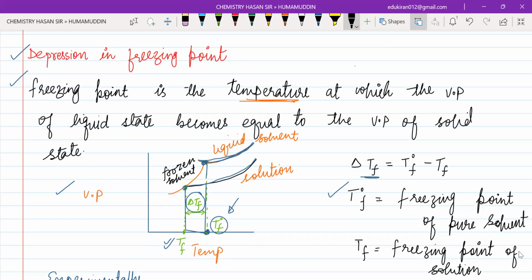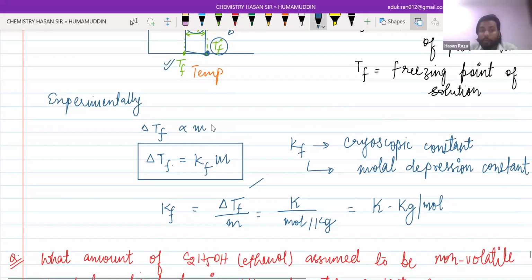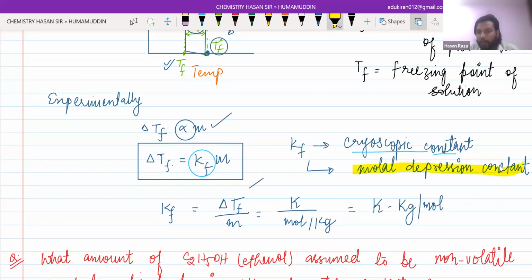Very good. Now, again, in the same way, we found that delta TF is directly proportional to molality. And to remove this proportionality sign, we are going to use a constant, that is Kf. And Kf is known as the cryoscopic constant, or we call it the molar depression constant.